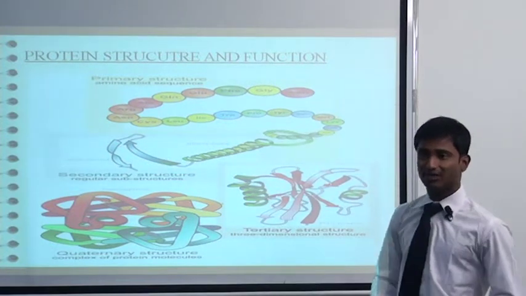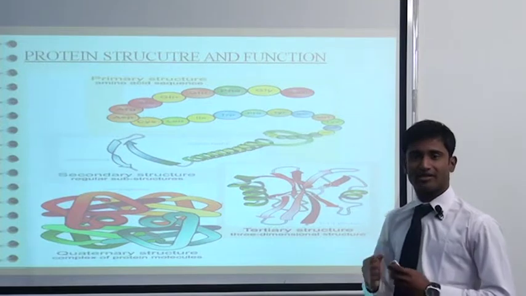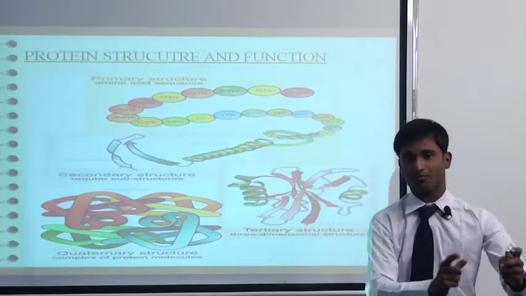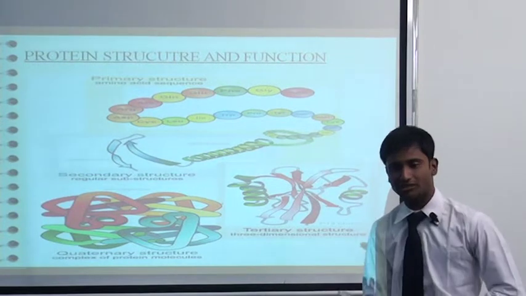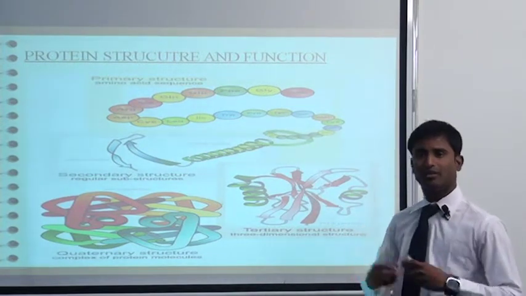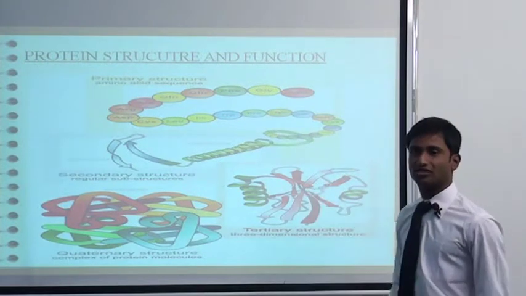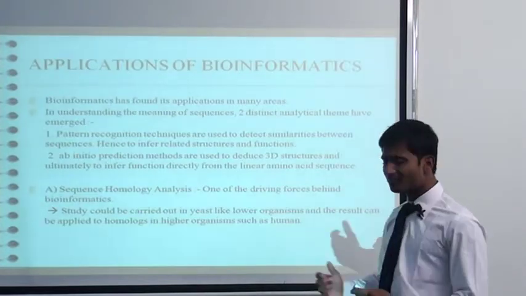Now it is very difficult to work on experimental analysis manually on these whole things, but because of bioinformatics, because of computational tools, we can now very easily work on such types of information.